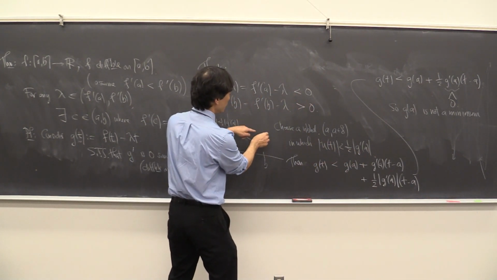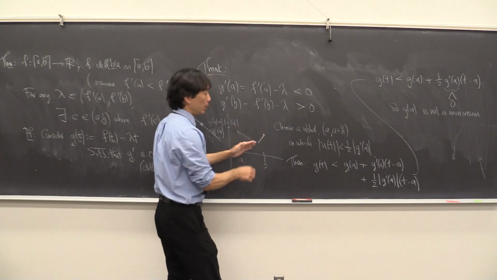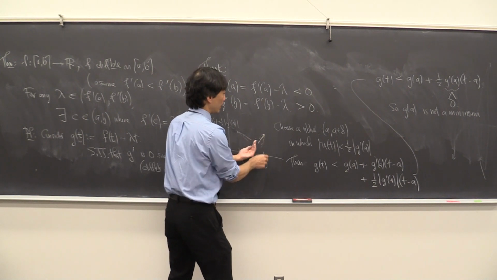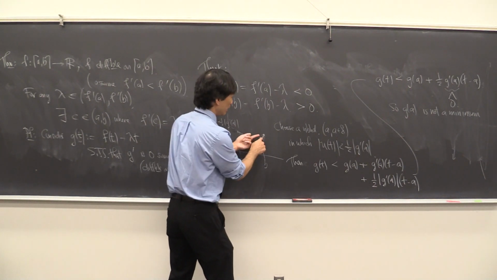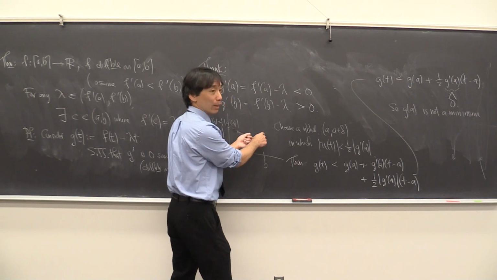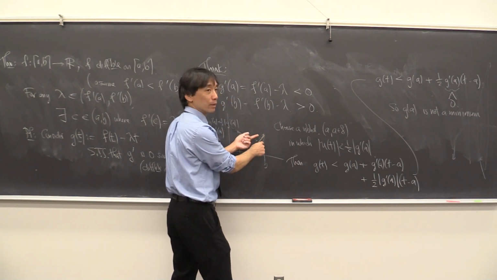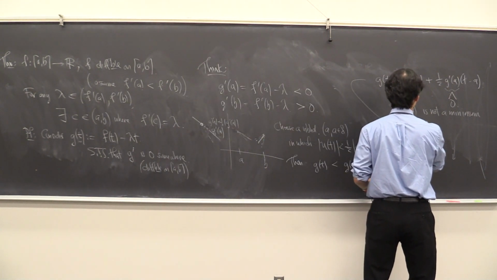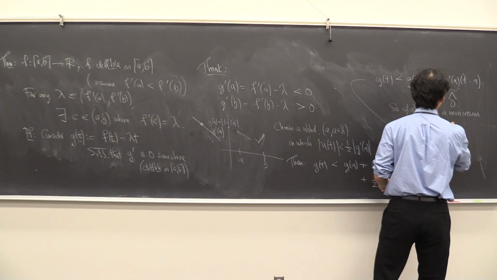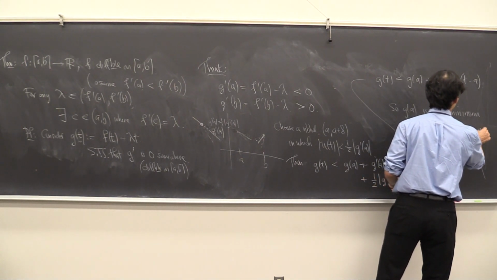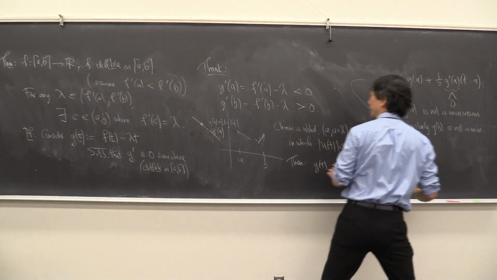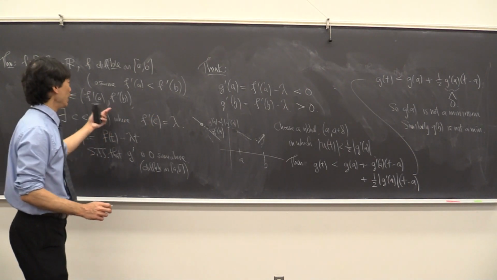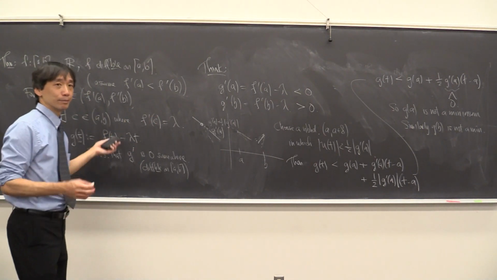The slope is positive, and since you can trap the function close enough to the tangent line, the function can't be a minimum here. Similarly, g of b is not a minimum. And so there has to be a minimum between a and b, and that's where the derivative is 0.